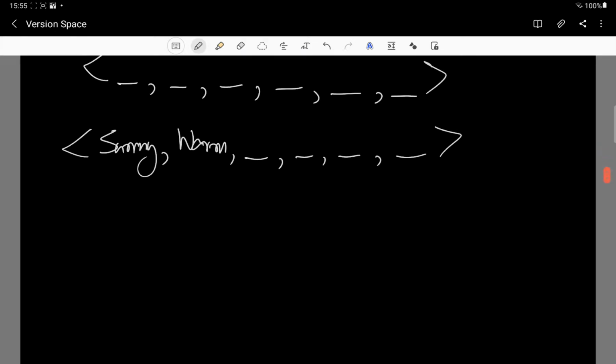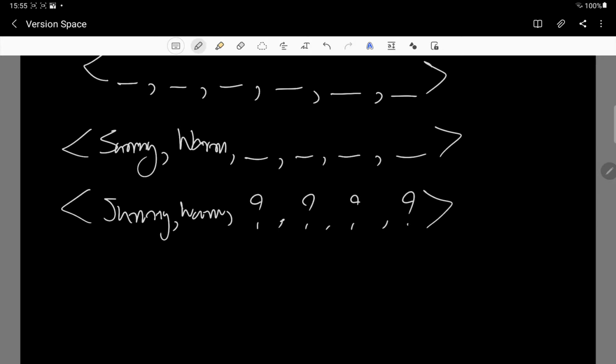But to be able to use some symbol, we will use the symbol like don't care. So we don't care about the values of other attributes.